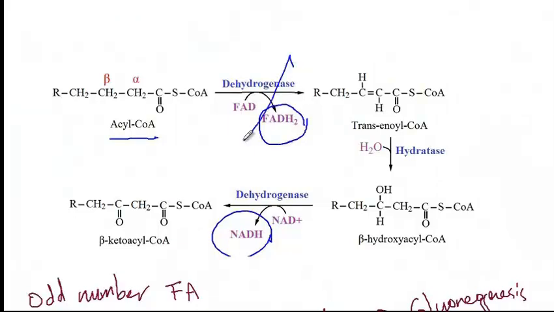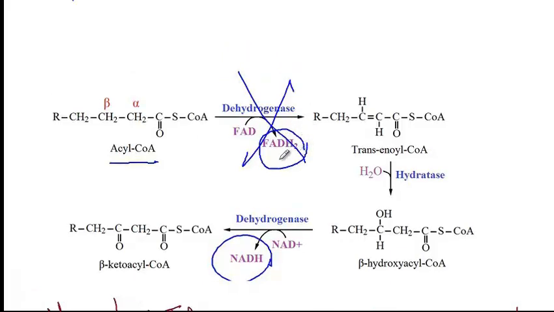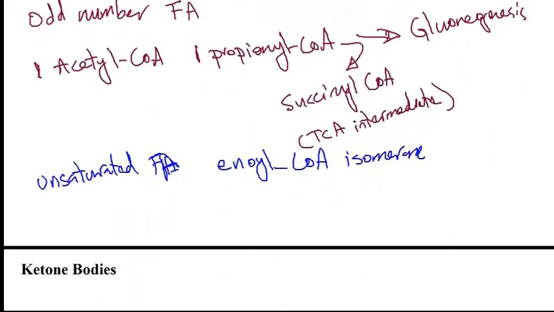So our first step here is now replaced with this new one in order to convert the cis into the trans bond. And so therefore there would be one less FADH2 molecule. So for every unsaturated bond that we have here, there would be one less FADH2 molecule that will be produced from the beta oxidation of fat.